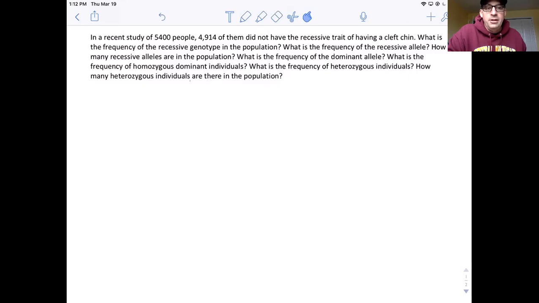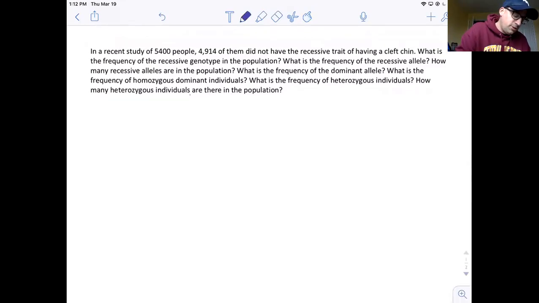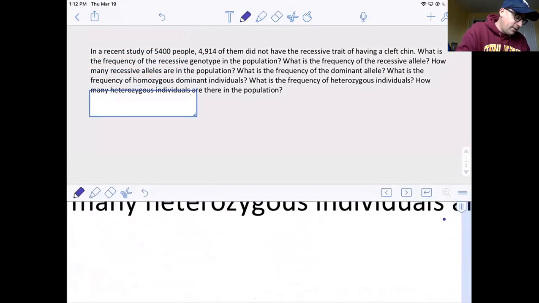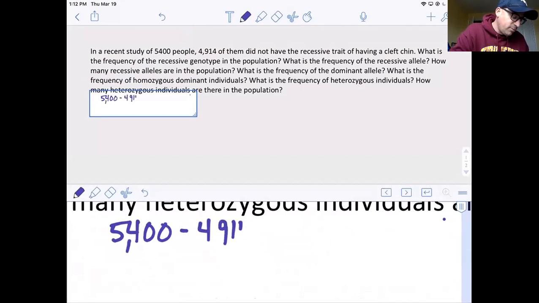question at a time. The first question, what is the frequency of the recessive genotype in the population? So I know that 5,400 individuals are in the population. 4,914 of them do not have the recessive trait.